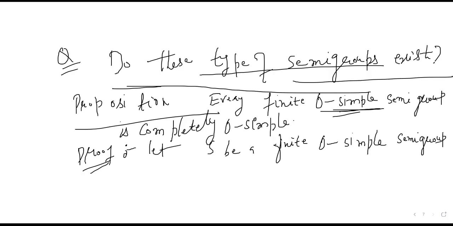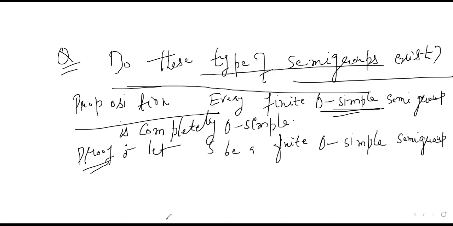तो आपने ले लिया फाइनाइट जीरो सिंपल सेमीग्रुप. आपने एक प्रोपोजिशन किया होगा, वो सेमीग्रुप थ्योरी के पहले ही पार्ट में किया होगा कि in a finite semigroup every element has a power which is an idempotent.